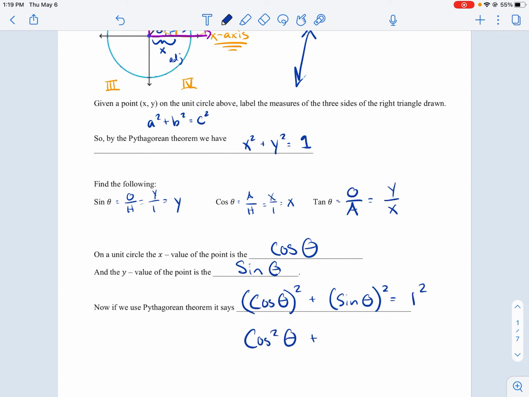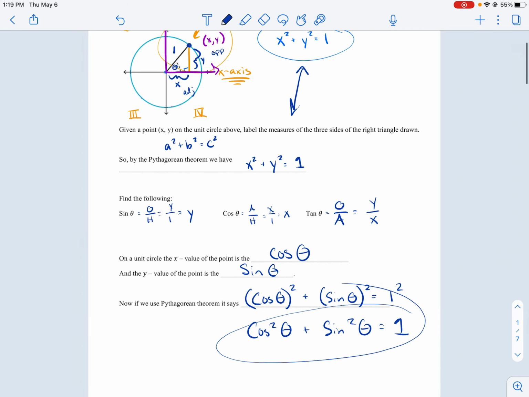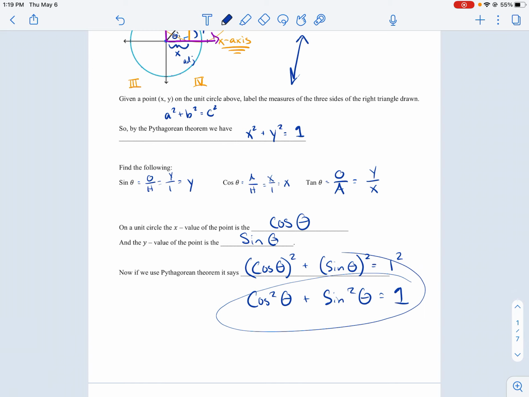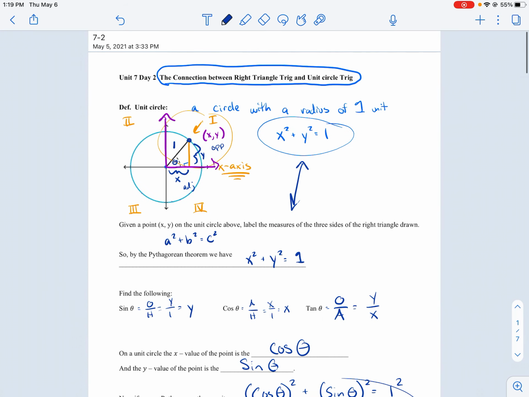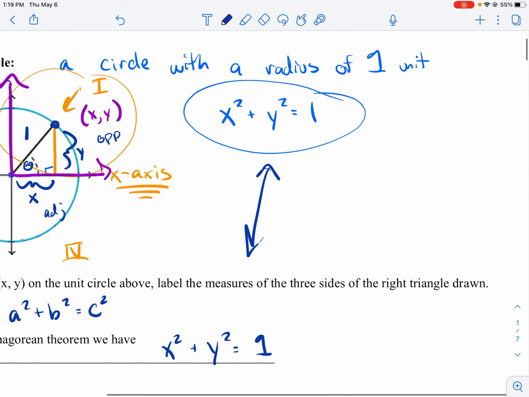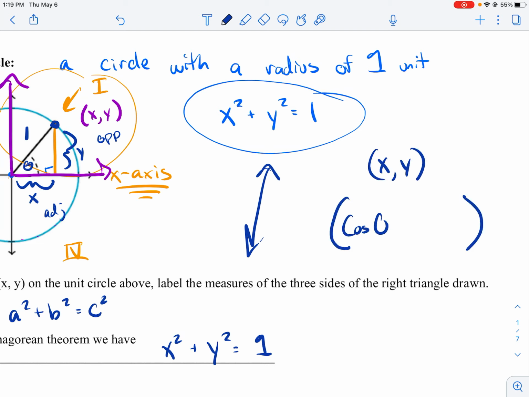So here is our first trig identity, which you will see numerous times in the future if you decide to take pre-calc or calculus. Basically, the cosine squared of theta plus the sine squared of theta is equal to 1. What it's saying here is once we start talking about the unit circle, your x and y values will be the same as the cosine of theta and the sine of theta.